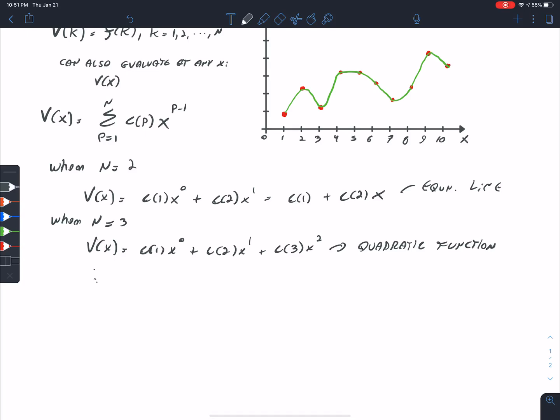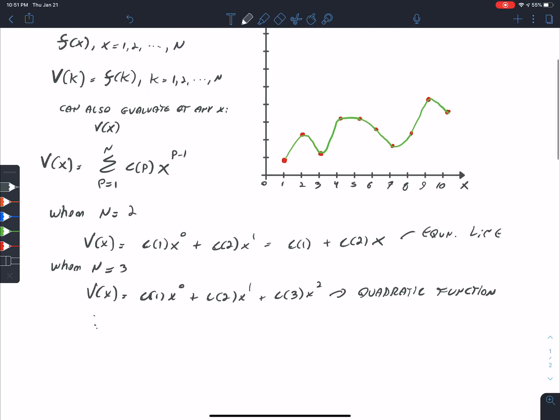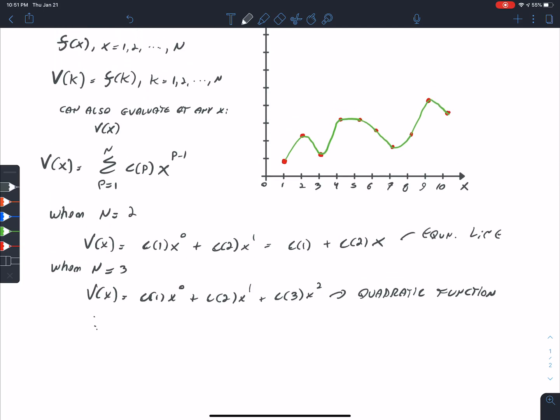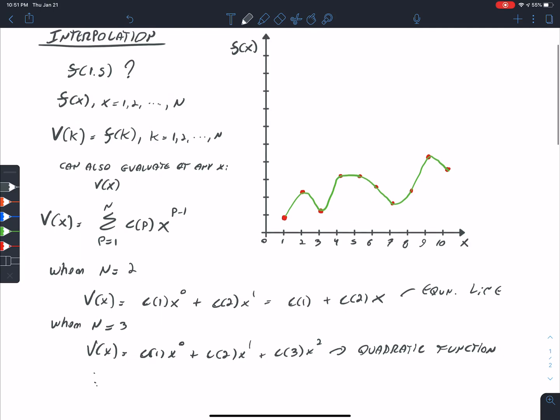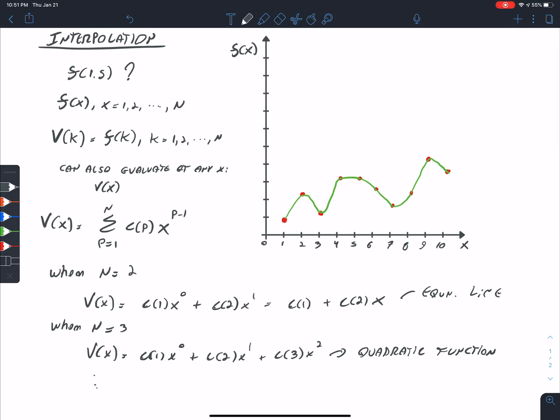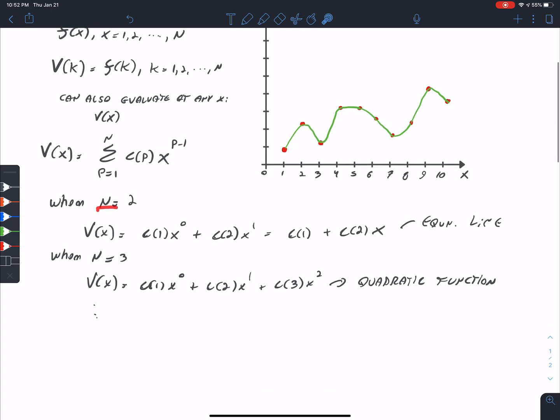So we can evaluate this polynomial for any degree n that we choose. And in this case, what we're going to do is set n to be precisely the number of points that we're given, right? So we're given an array of data that we'll call f of x, evaluated at 1, 2, 3, and so on. And we're going to set our value of n to be exactly the number of data points that we have.